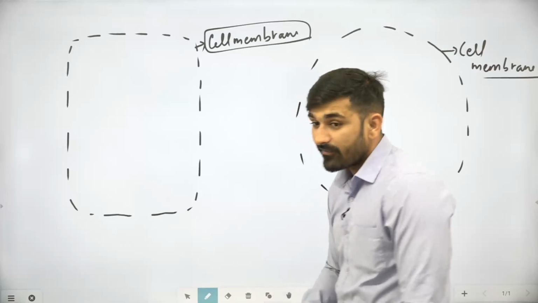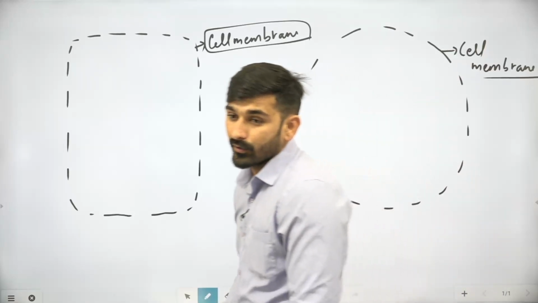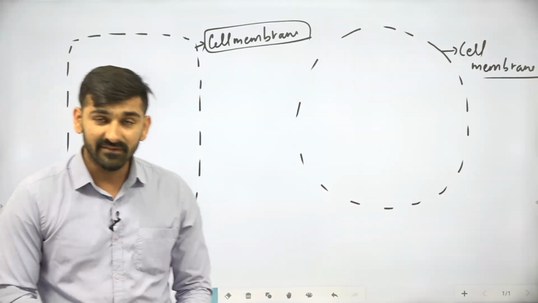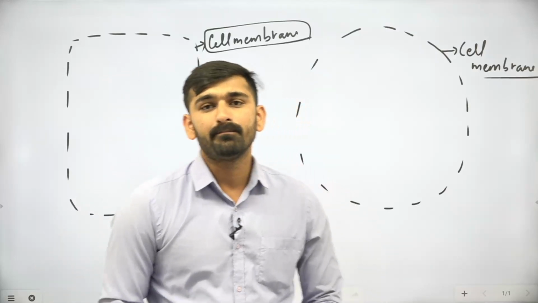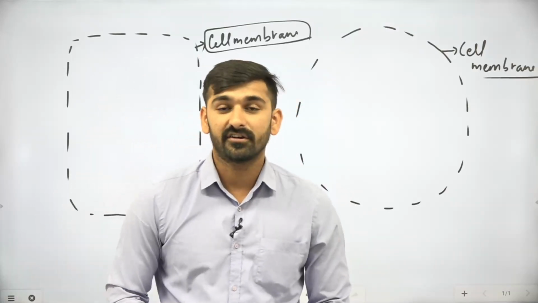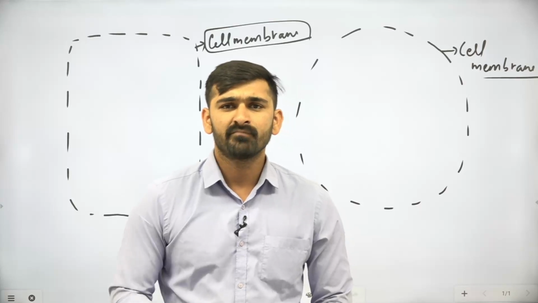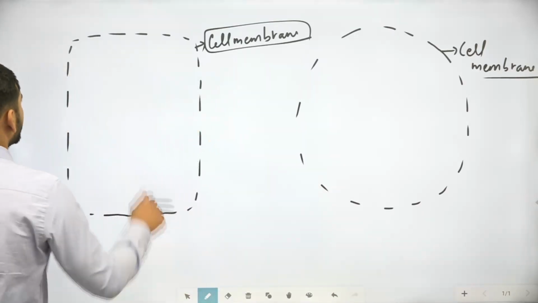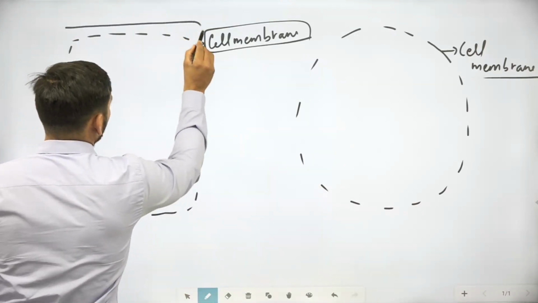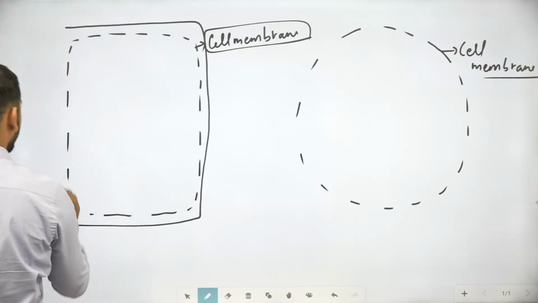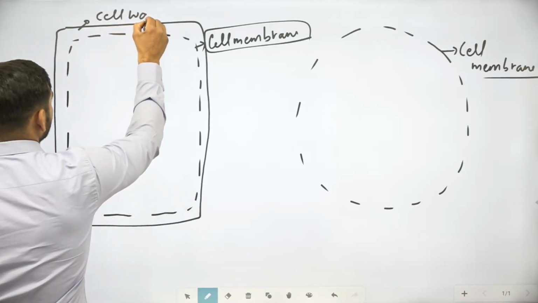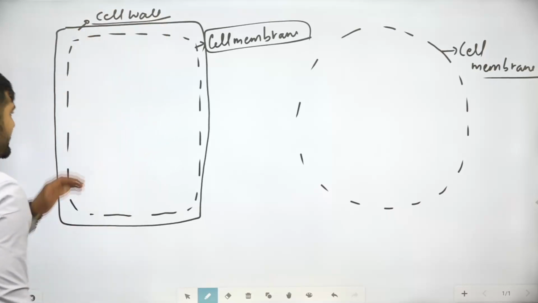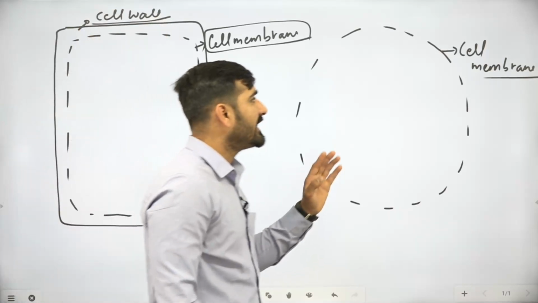But there is a difference in the outer part, because plants are living things, but still they need some extra layer, because they have to face external environmental conditions like winds, storms, and rains. So they have an extra layer over the cell membrane, and that is called the cell wall. The cell wall is present in plant cells but not in animal cells.